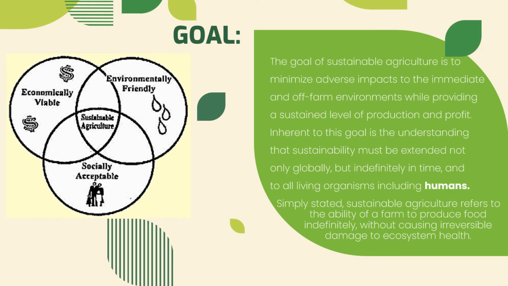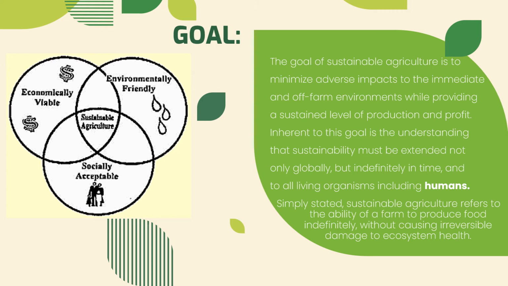We've seen the definition, let's see the goal of sustainable agriculture. The goal of sustainable agriculture is to minimize adverse impacts to the immediate and off-farm environments while providing a sustained level of production and profit.